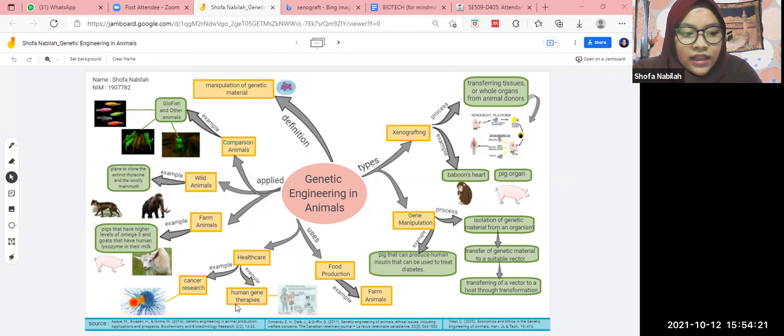Animal genetic engineering can also help in developing human gene therapies. In one experiment, scientists used gene therapy on 70% of mice implanted with one kind of human ovarian cancer. So I think this is enough for the presentation.